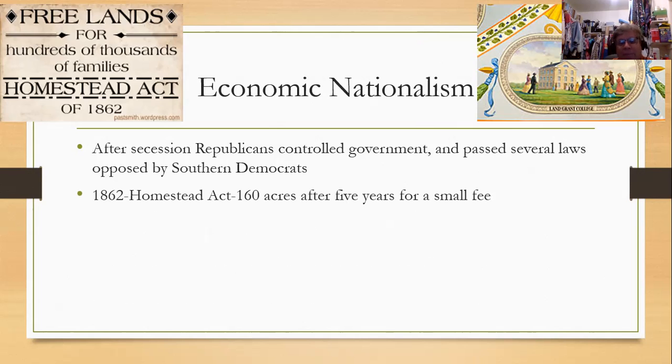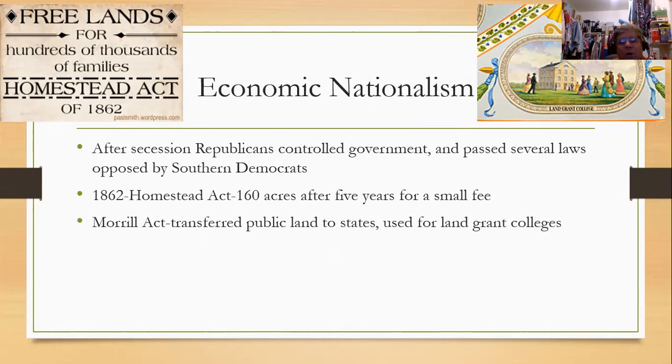By that, it's meant chopping down trees, clearing land, building a cabin or a house, and so settlers could gain 160 acres for a small fee. The Morrill Act, the land grant statute, transferred public land to states, used for land grant colleges. A lot of the universities in the United States come from this act.